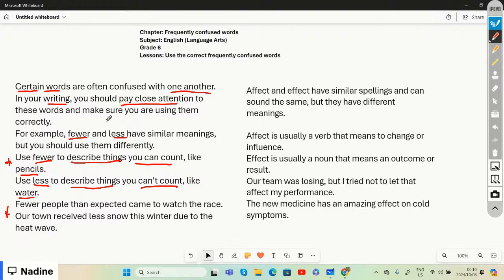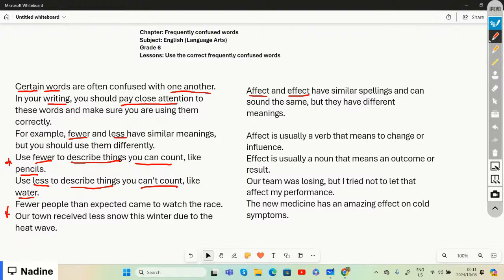Then if we go on to the next one, here we have words like affect and effect. If we just say it quickly, it's like we're just saying affect, effect, so it's going to seem as if I can use any one.